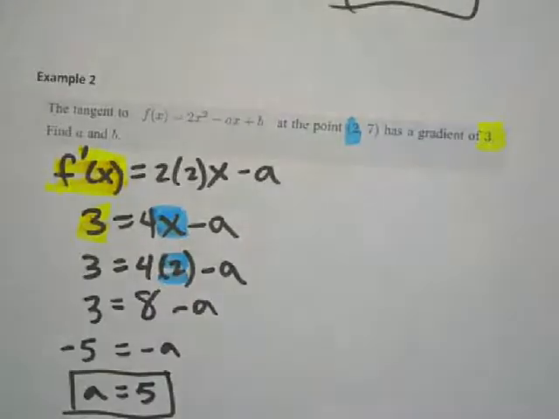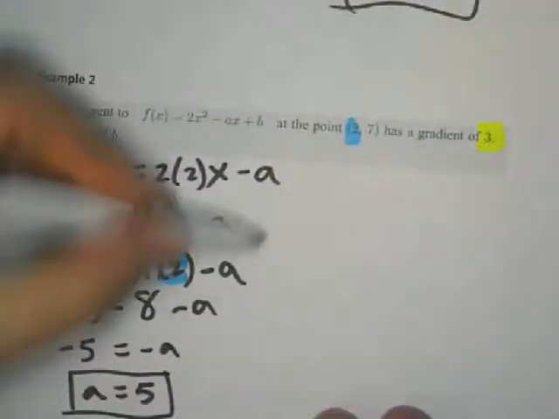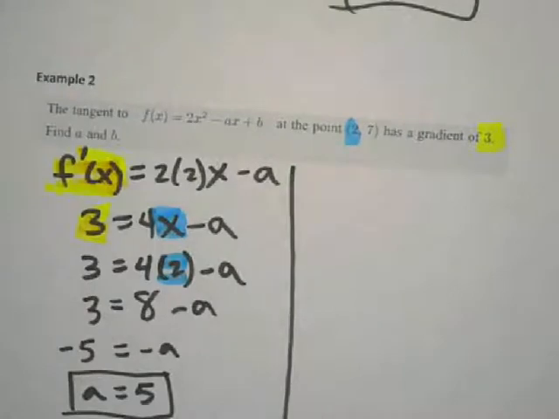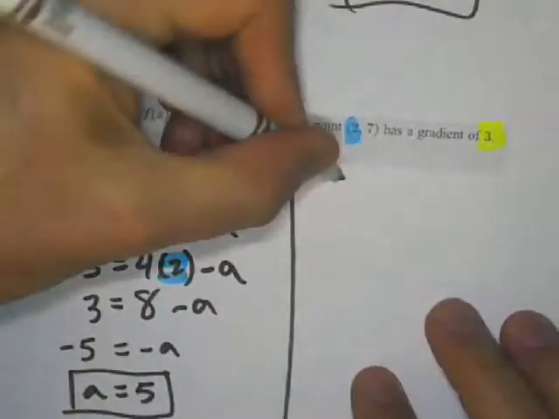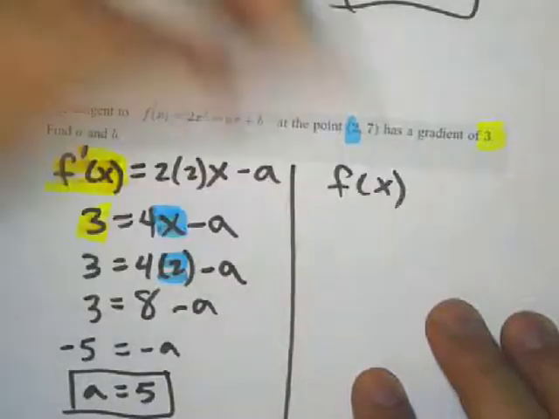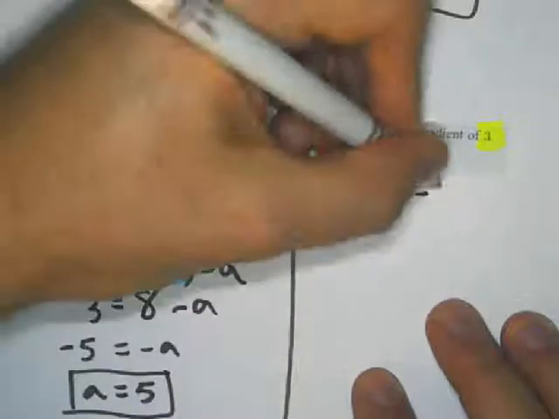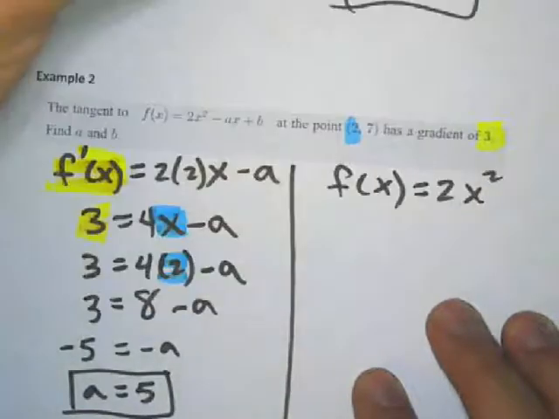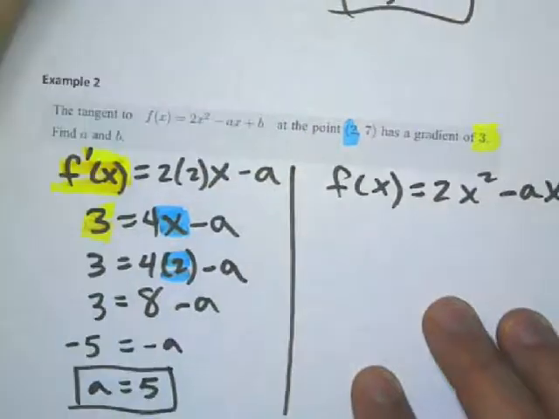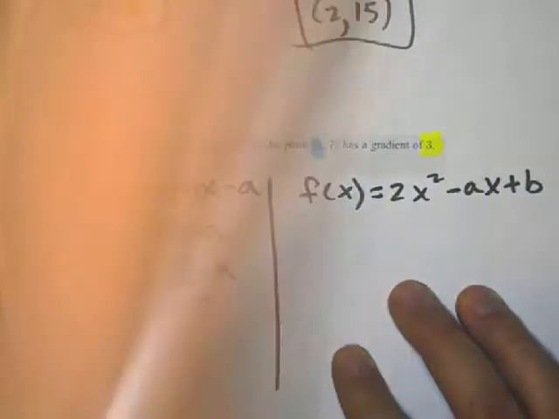Now we want to find b. In order to find b, I'm going to use the original equation: f of x equals 2x squared minus ax plus b. There's my original equation, right?